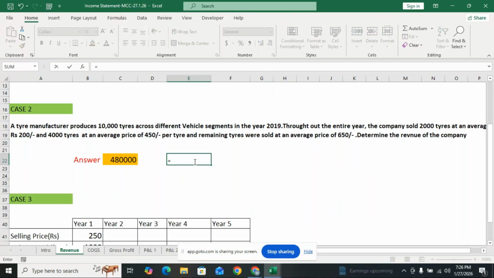So this is how you're going to do the calculation.